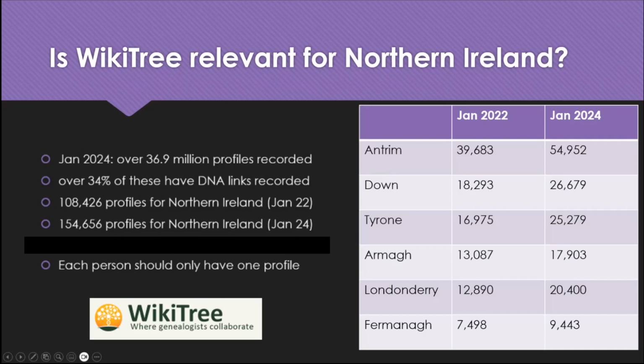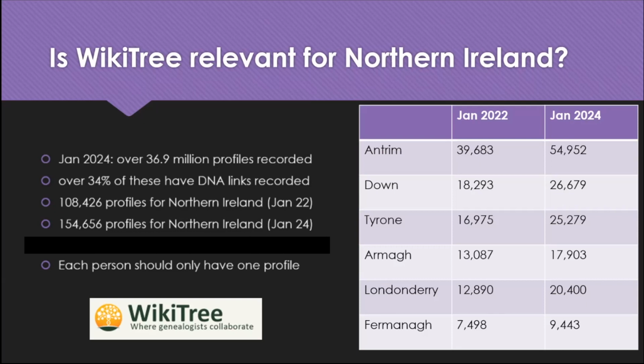So I think that shows that WikiTree has got a lot of momentum and that things are moving forward very fast. And it means that recording the fact that you've done a DNA test becomes even more useful because there's more profile pages, there's more people using it, and there's more profiles being added all of the time.